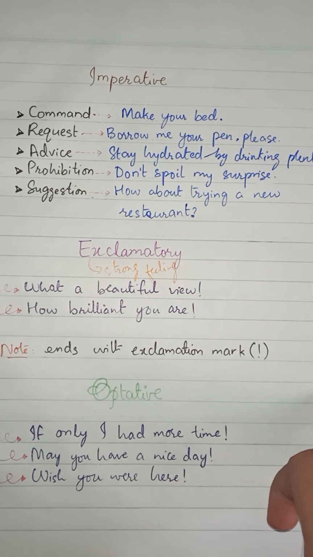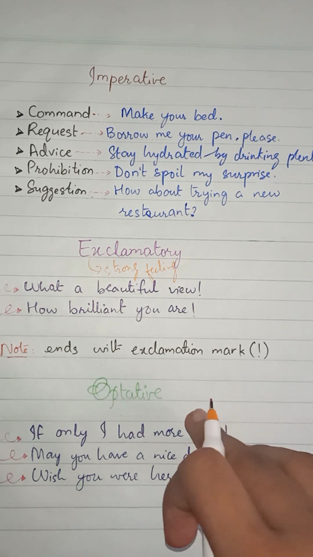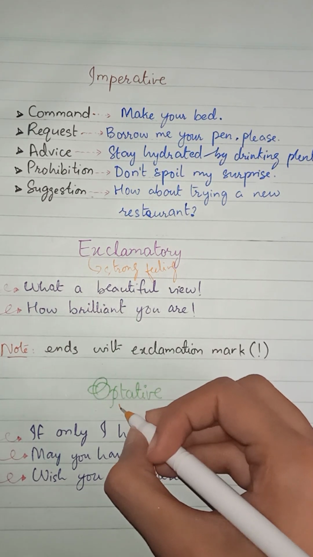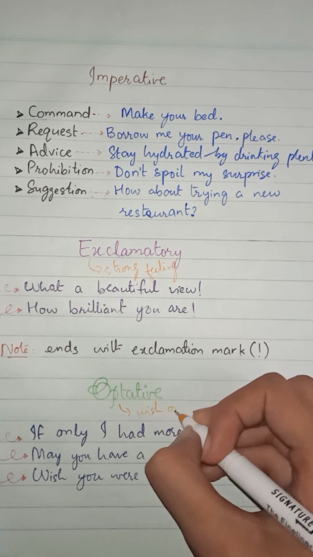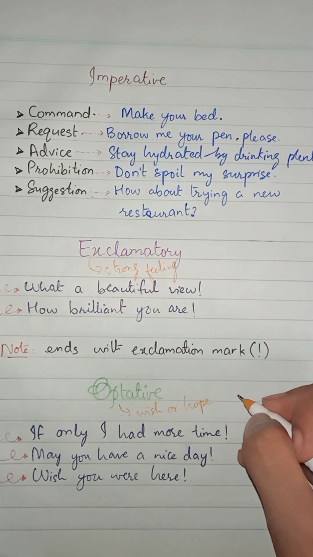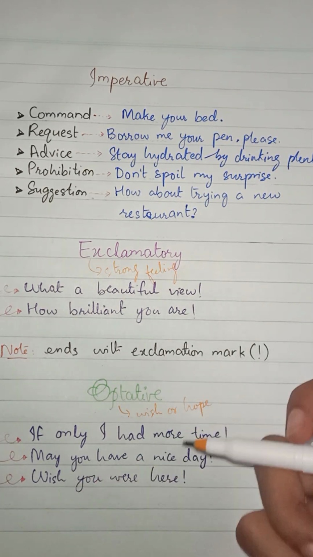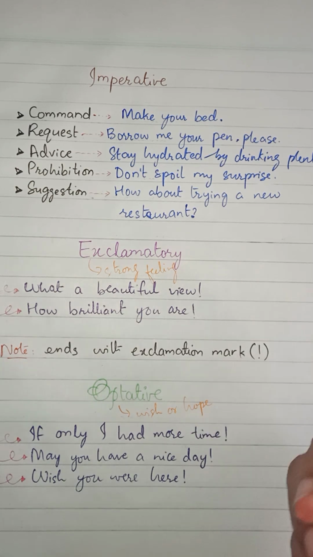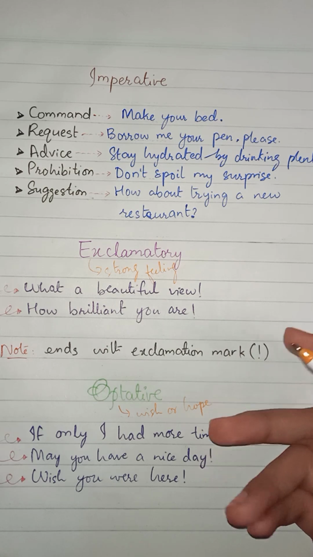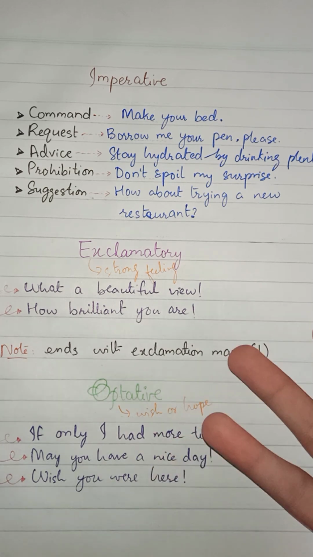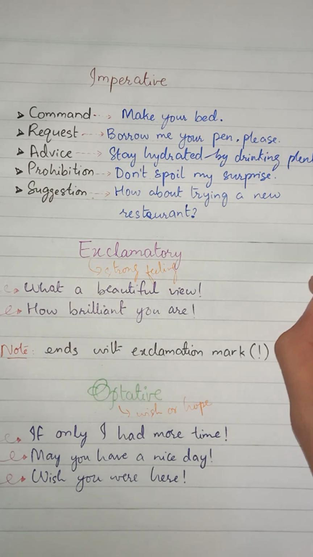Okay? And the last type of sentence is the optative sentence. The sentence that shows a wish or hope is an optative sentence. For example, if only I had more time. You are saying this to someone, for example, when you have gone to somebody's place as a guest, and they are insisting, no, stay a bit longer.